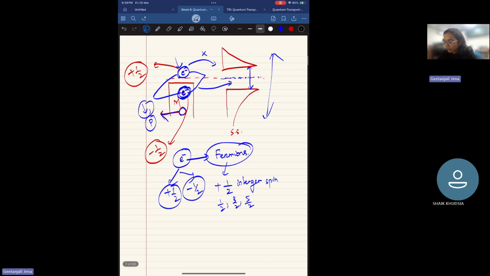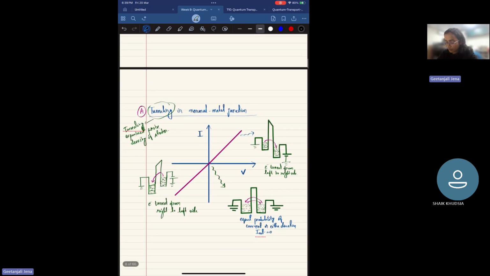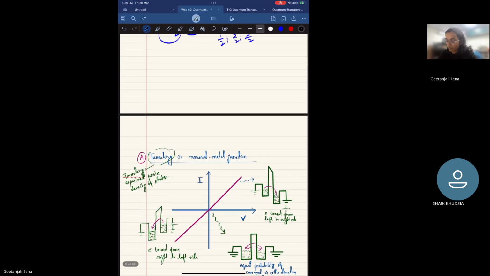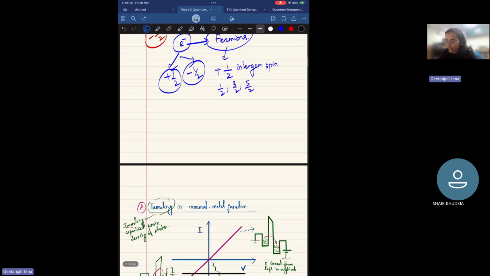Okay, so let us move to the transport properties of different types of junction. By transport, if you recall, we basically see what the tunneling rate is. And this tunneling rate is related to the transmission coefficient, T12, and it is also related to the density of states of source and drain.